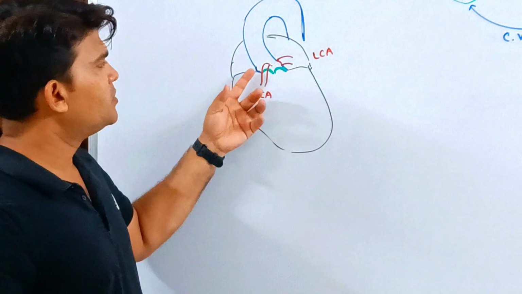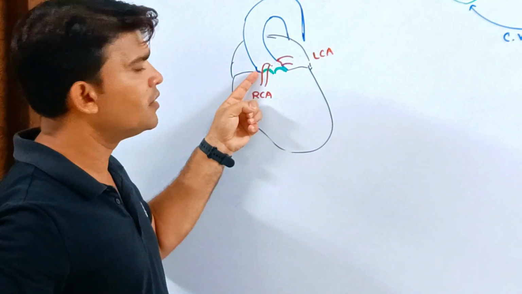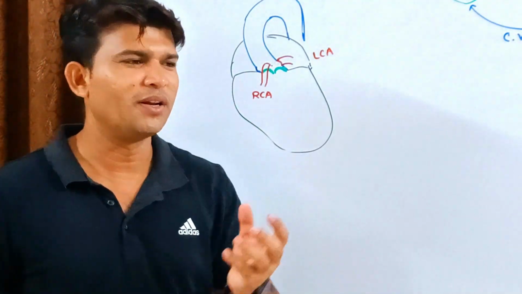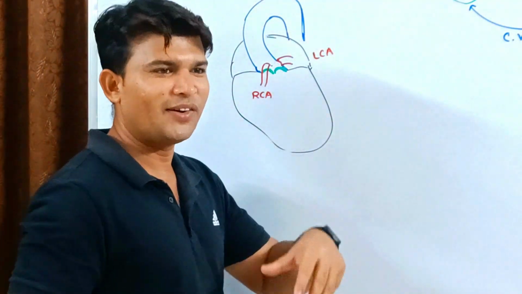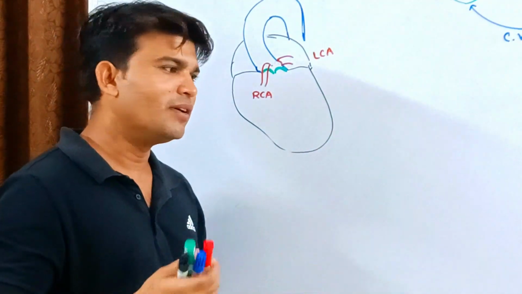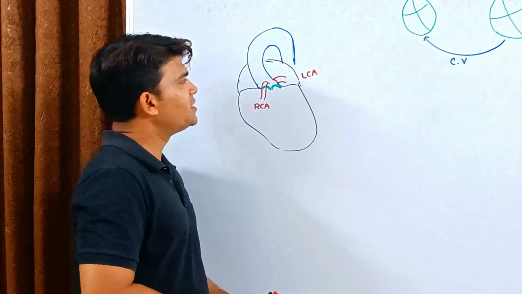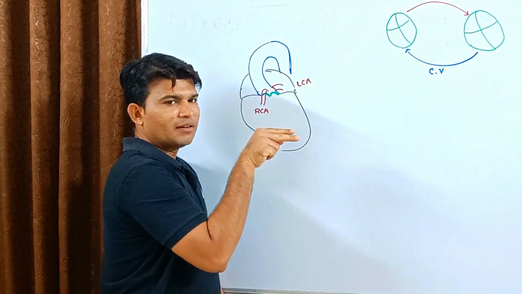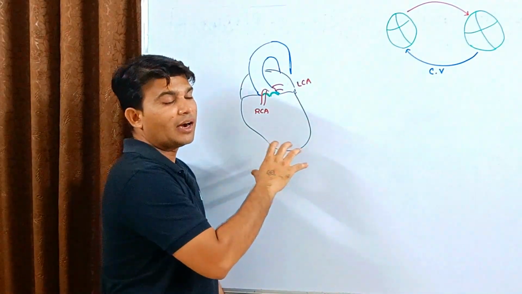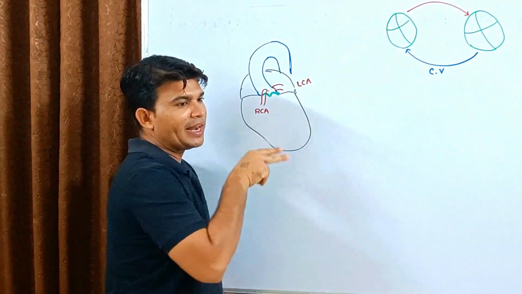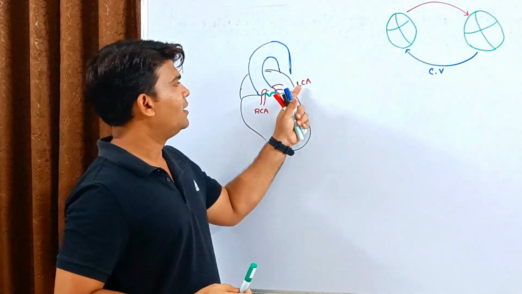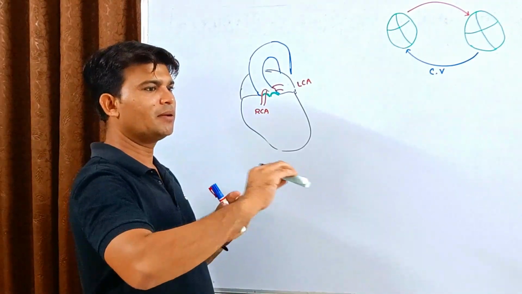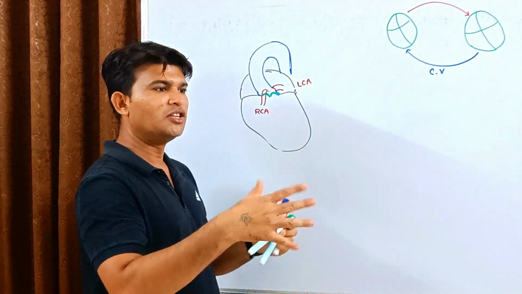And in some cases, from the posterior aortic sinus, some people have one more additional coronary artery that arises and supplies the heart. In some conditions, from each sinus, two coronary arteries give blood to the heart, running in parallel and supplying the heart in the same fashion.